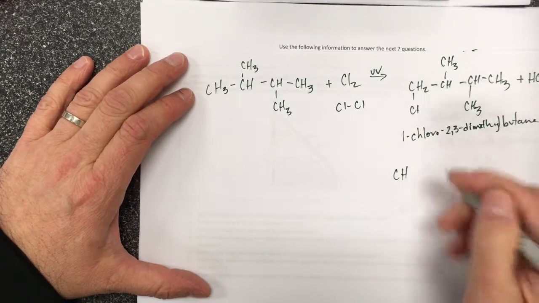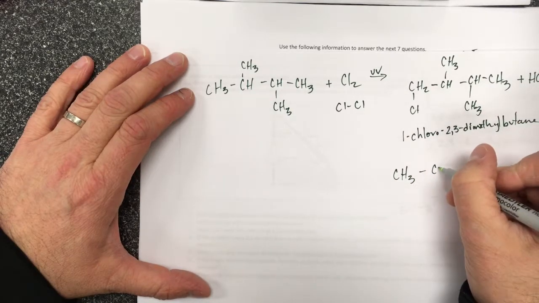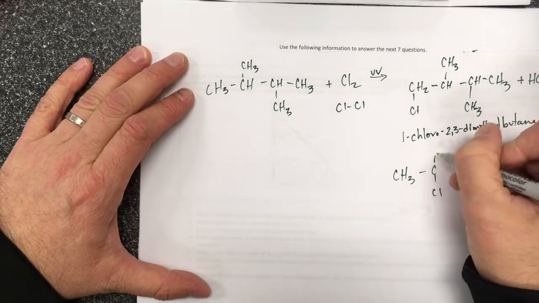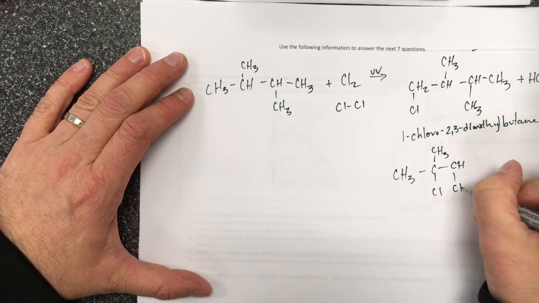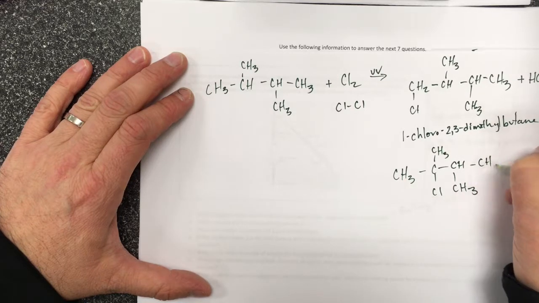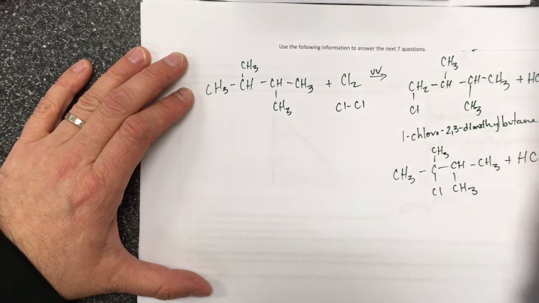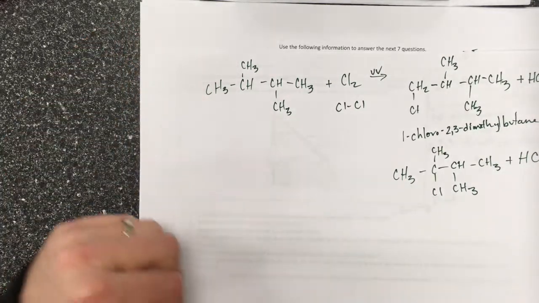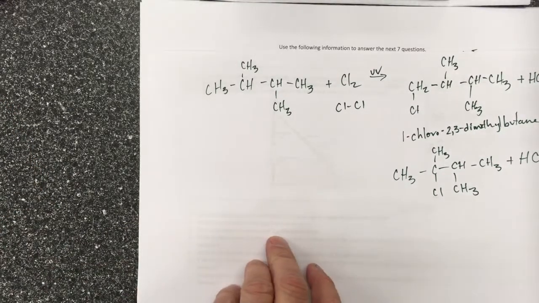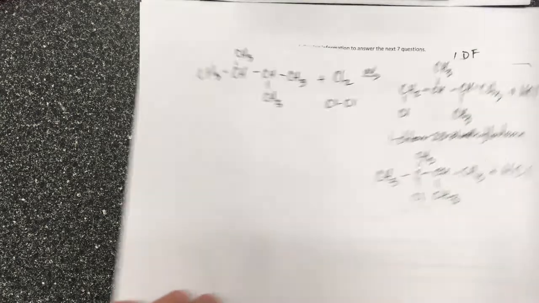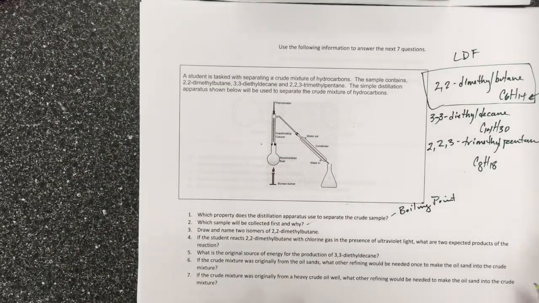You could, or it must be produced. You could have the chlorine bond here, and you'd get an isomer produced, and it'll also produce an HCl, right? So in this case, this would be a 2-chloro-2,3-dimethylbutane. So lots of options for that as potential answers.